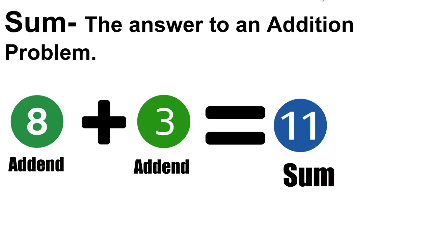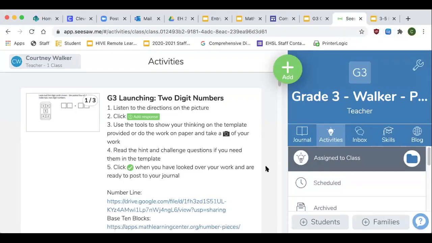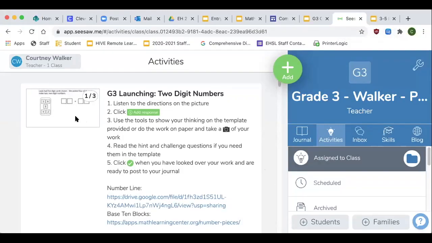Right now, those are the only words on our chart, but we will add more as we get going through math this year. In Seesaw today, you're going to be looking at the assignment G3 launching 2-digit numbers. I didn't name it. Somebody from Beaverton named it, and it just means grade 3, second week of school, 2-digit numbers.